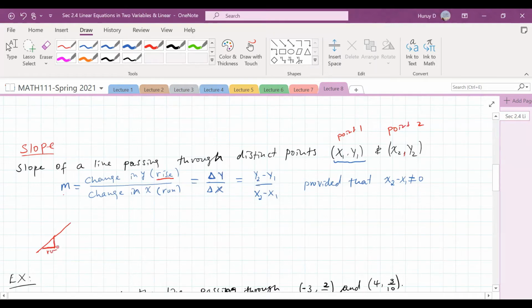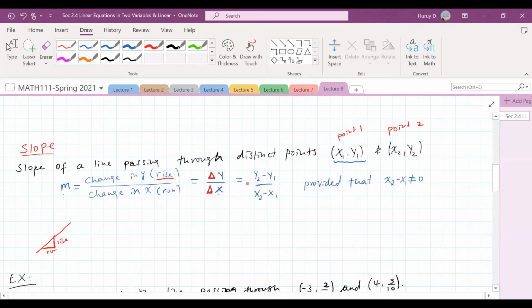Run is here, and rise is this one. Therefore, change in y means delta y, change in x is delta x. Delta y is the difference between these two y values, y2 minus y1, and delta x is the difference between these two x values, x2 minus x1.